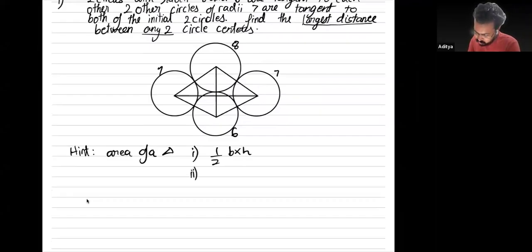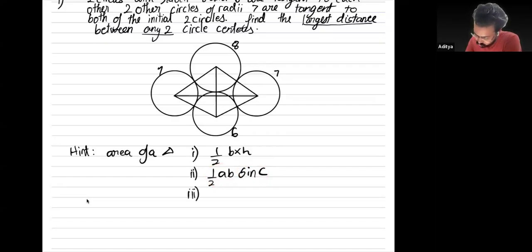So if it's a right triangle, it's the product of the two legs times half. Or you have 1/2 AB sin C. If you know the sine of the angle between any two sides, then you can use that to figure out area. There is another way.